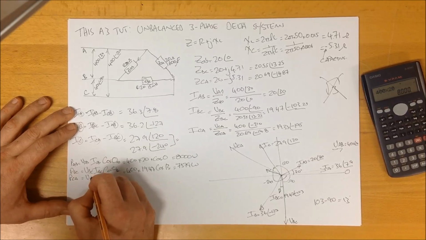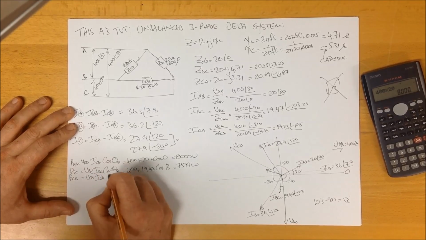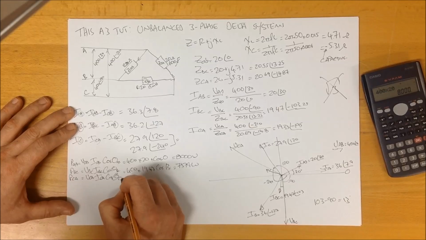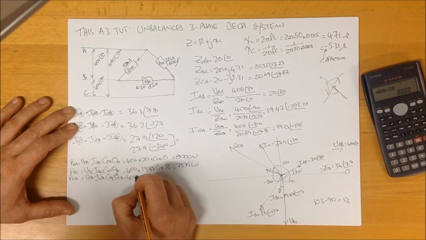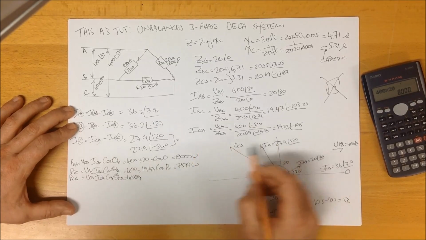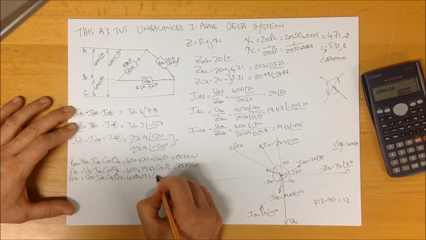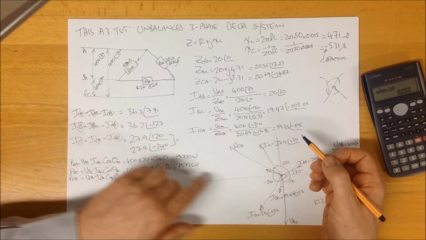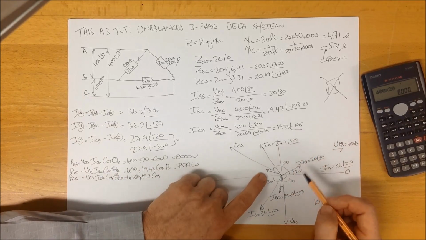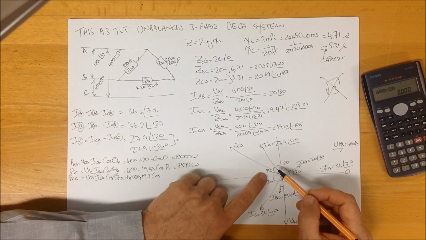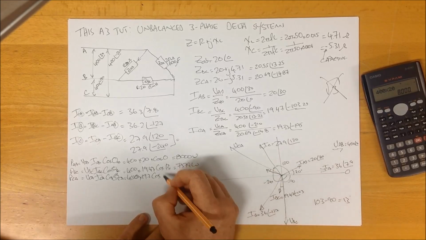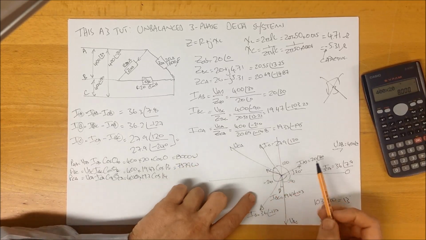PCA is VCA, ICA times the cosine of the angle of CA, which again is 400, times our current, 19.3, times the cosine of the angle here. If we come up to this one here, we can see that the angle here is 14 degrees. And again, it's the same thing.